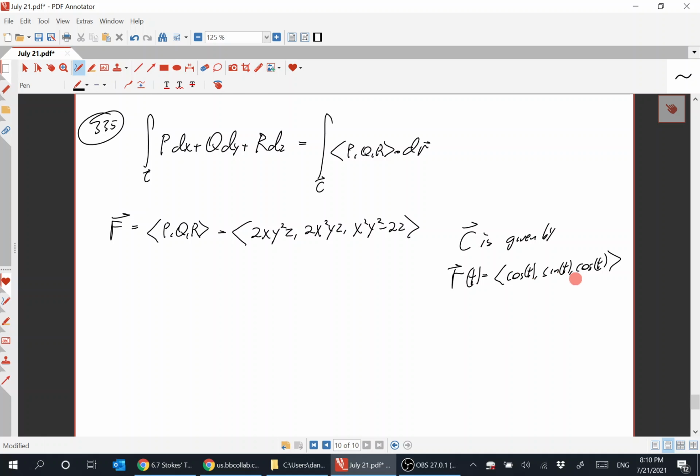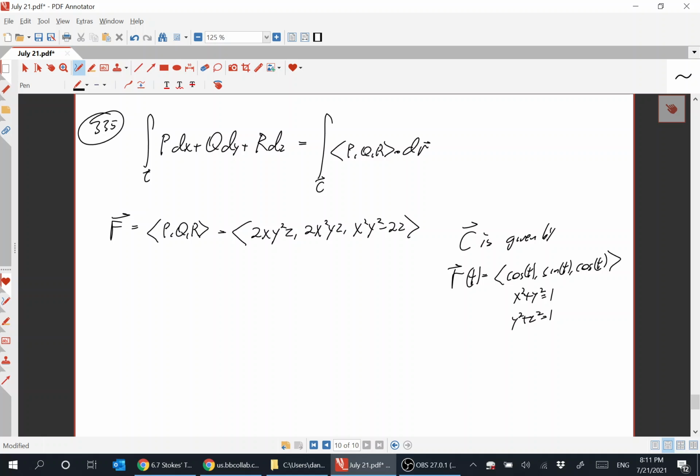Basically, this curve is the intersection of the cylinders, the vertical cylinder and the horizontal cylinder. That is, x squared plus y squared is 1, and this one is y squared plus z squared equals 1. The curve is the intersection of those two cylinders, not the whole thing, just part of it, because the whole thing has an X pattern.